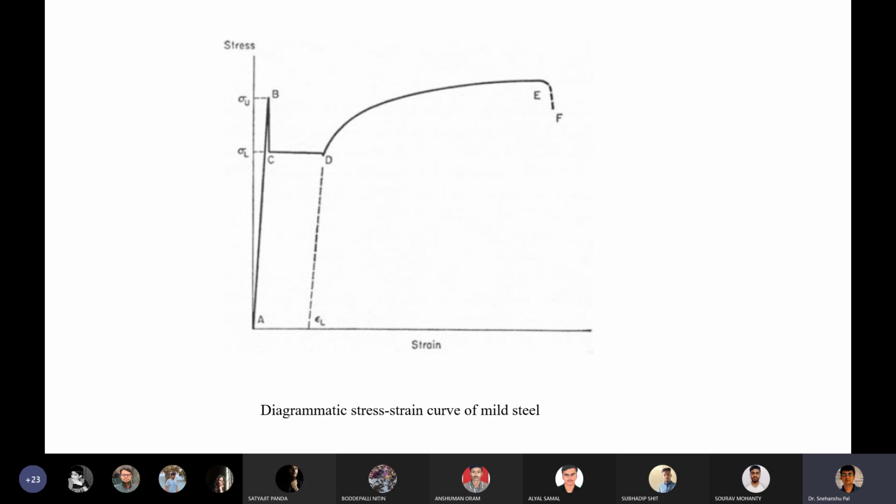Again, I am repeating: the Lüders bands always lead to markings resulting from the inhomogeneous deformation, and these are usually known as stretcher strains.